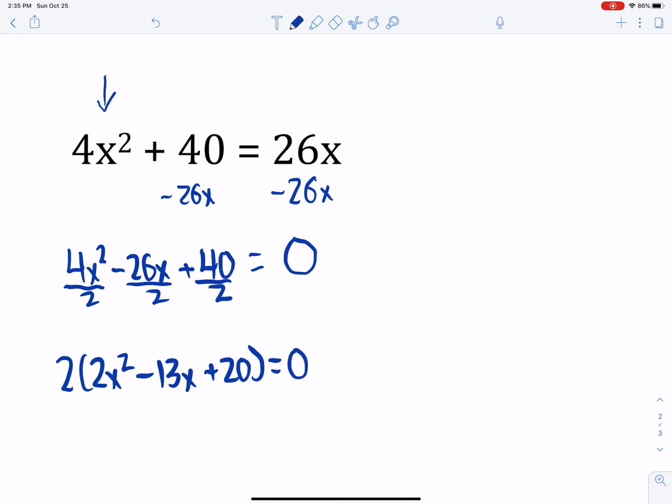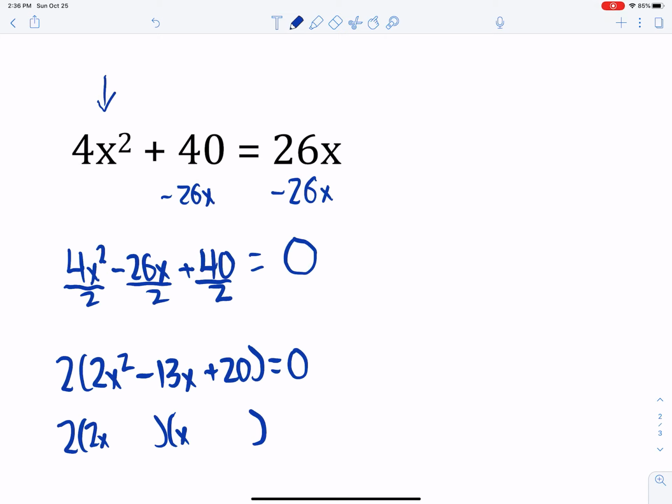So now this one, you leave the 2 out front, and we need to try to factor the 2x squared minus 13x plus 20. You absolutely can go through that same step-by-step process that we went through on the previous example. If you wanted to try guessing and checking, you would notice that to get 2x squared, you would have to have 2x and x.